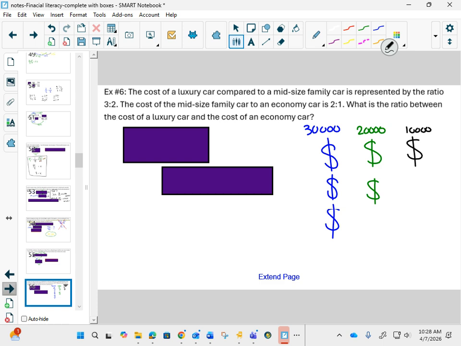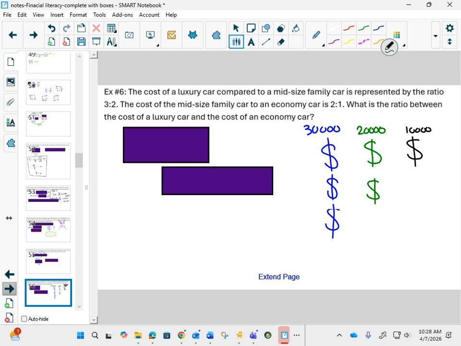You can buy the super nice luxury car for $90,000 new, the decent family car for $60,000 new, or the economy for $30,000 new. I think those numbers are pretty accurate actually, as long as you don't get into the truck business.